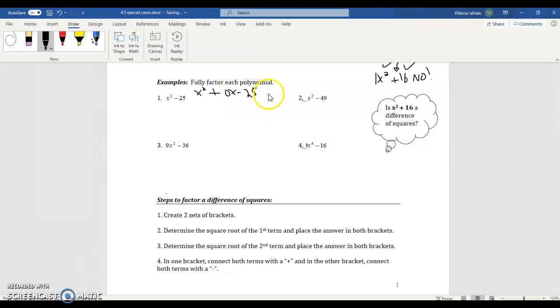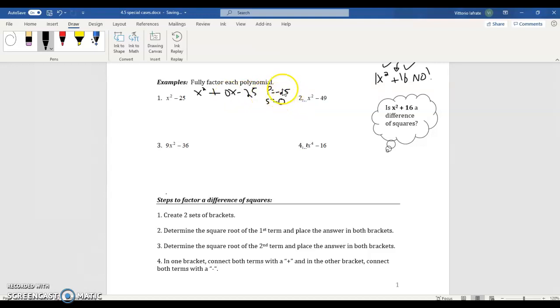So you still have a b there and a c here, and you can still do this trick where you want to find two numbers where the product is c, negative 25, and the sum is, in this case, b, which is 0. You don't see it here, but you know it's 0x. We don't write 0x because it's 0. You don't have to put that in there.